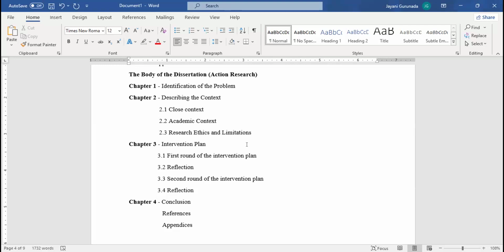Then after that, second round of intervention plan. There were some other students remaining. Then you planned again. So then you can again put the table, explain, and after that write the reflection.